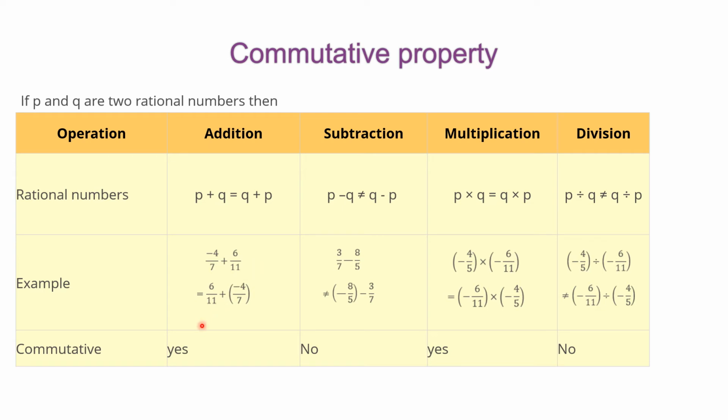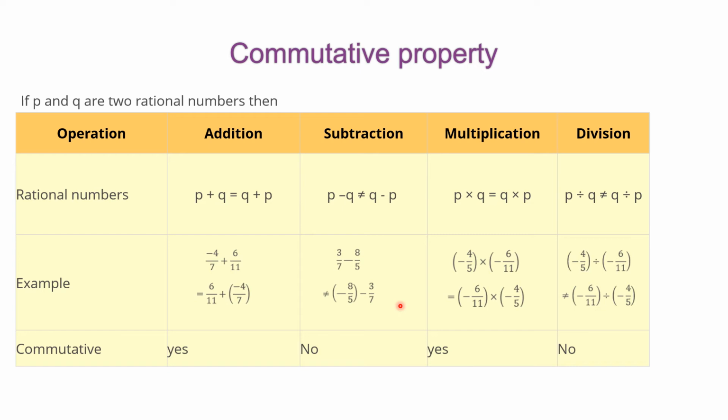So yes, for addition, the commutative property is there. For subtraction, if we check, then no, it is not possible. Just see, here we have the plus sign, here we have the minus sign, so we do the subtraction. But when we change it, minus minus will be plus, and the result will change.